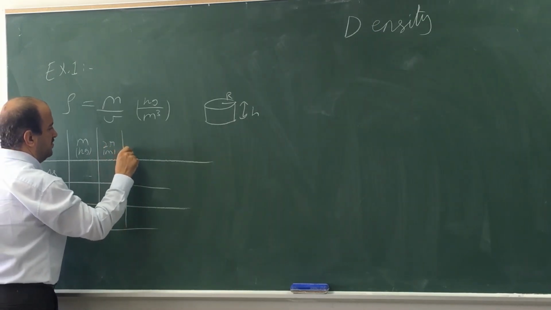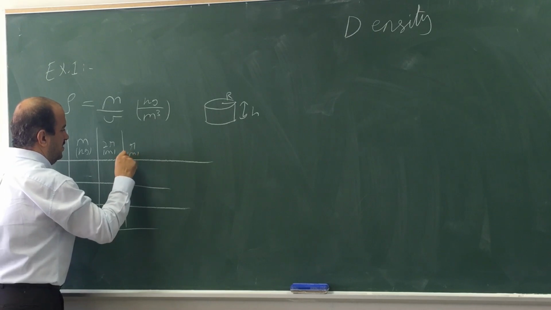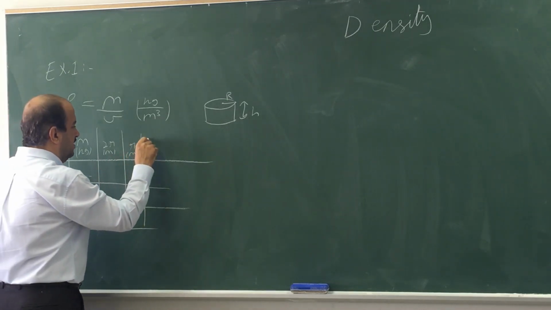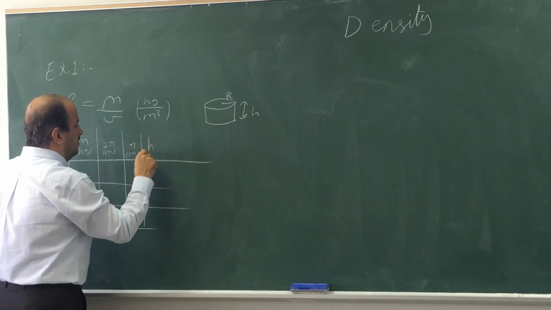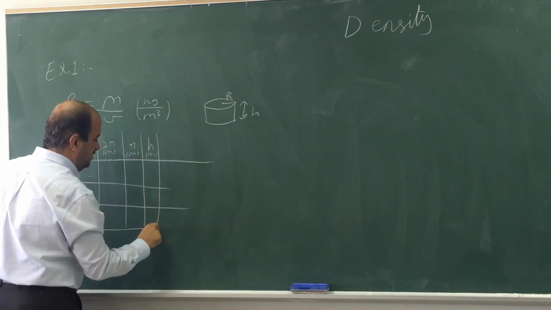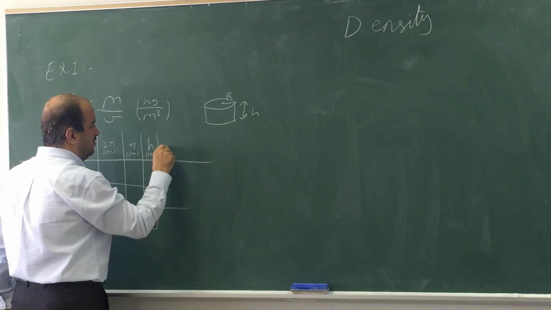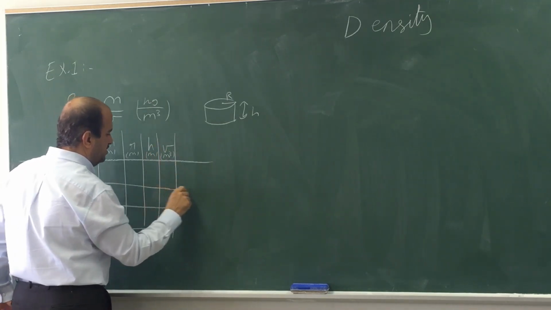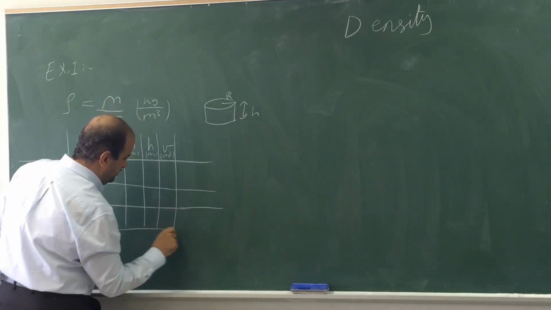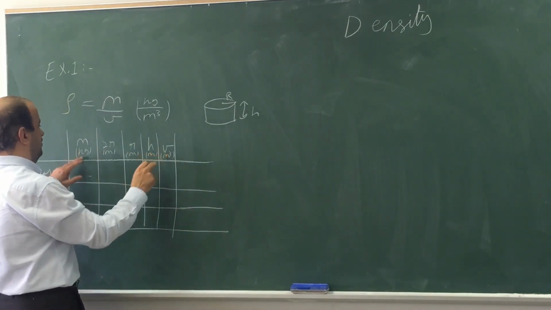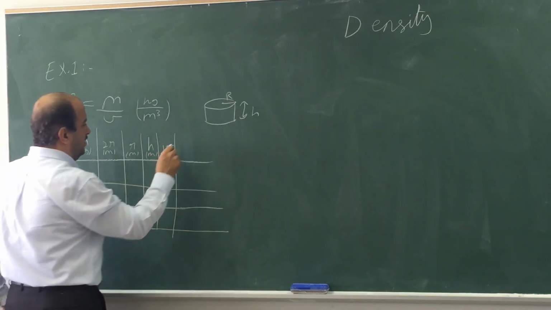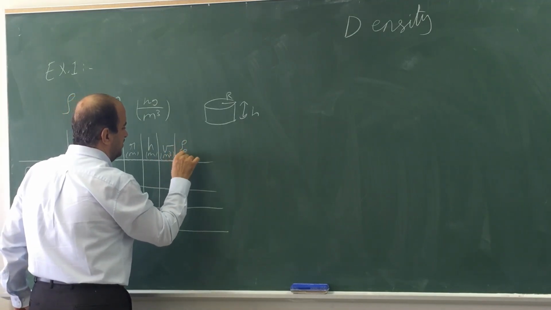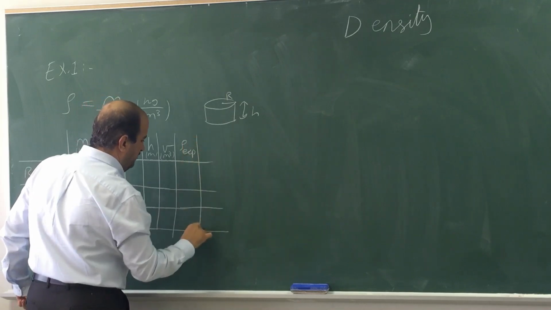Then we can find the radius, also in meter, and we can measure the height of the object. Then we can calculate the volume in cubic meter, and by knowing the volume and the mass, substituting in this formula, we can find the density of this object, and we call this density the experimental value.